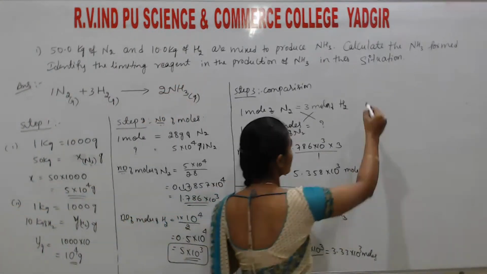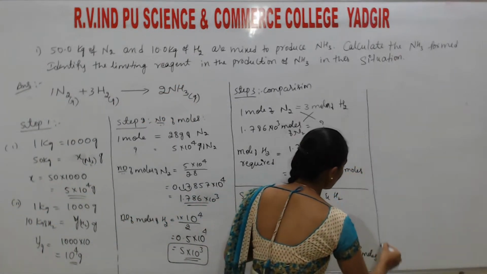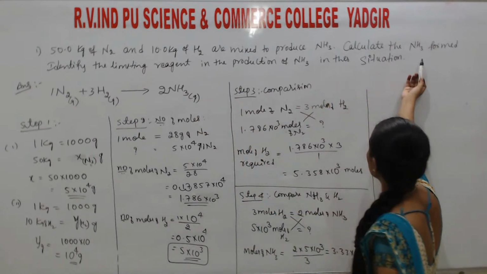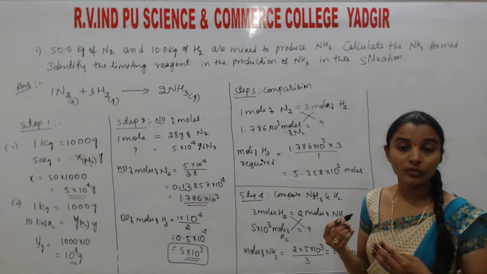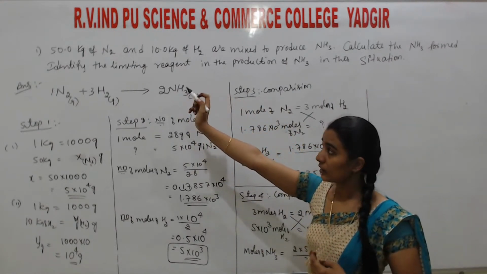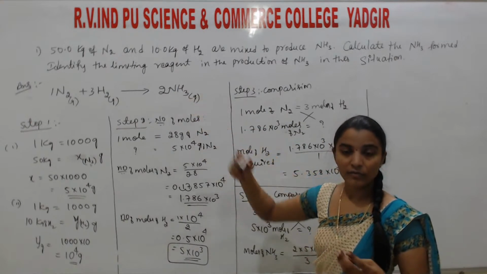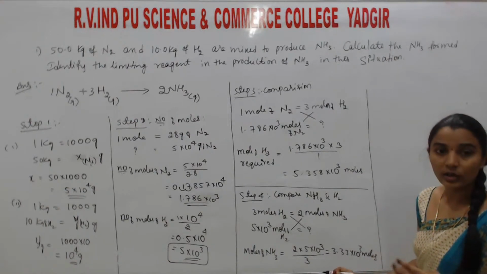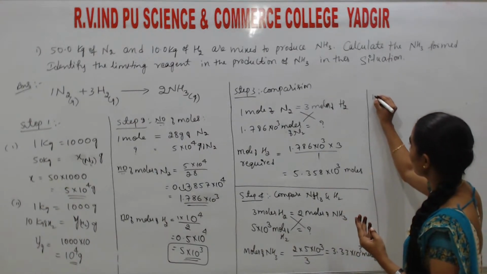Okay, so the last step is, the question is, okay, calculate the NH3 formed. We have to calculate in gram or kg. That is in kg. Okay, we have to convert it into gram or kg. It is in moles. Then how can you compare? Compare it with 1 mole.